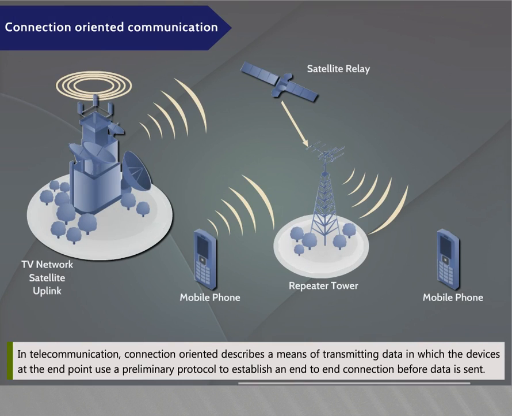Connection-oriented communication. In telecommunication, connection-oriented describes a means of transmitting data in which the devices at the endpoint use a preliminary protocol to establish an end-to-end connection before data is sent.